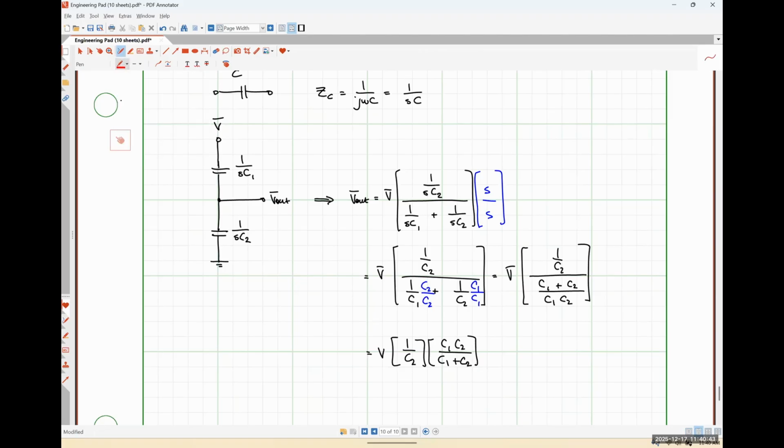And we can see that this C2 right here cancels this C2 right here, giving us the relationship that my output voltage V out is just my input voltage times the ratio of C1 over C1 plus C2.